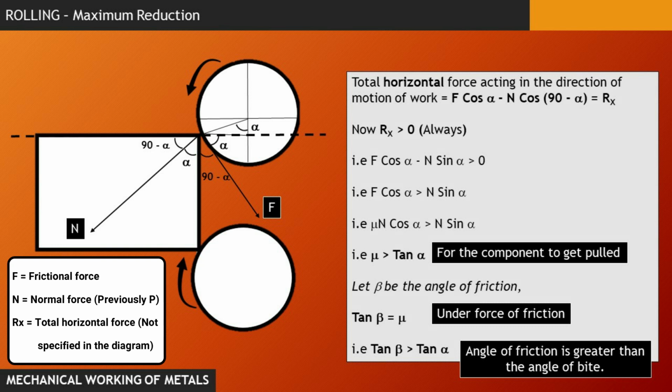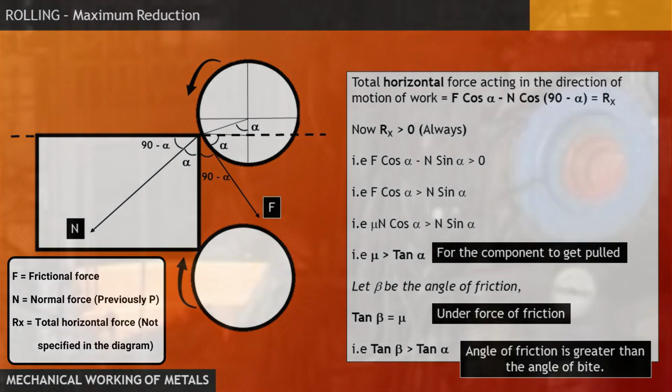Putting the value of frictional force here, we have mu N cos alpha greater than N sin alpha, or mu is greater than tan alpha. This particular relation is the condition required for the component to get pulled.